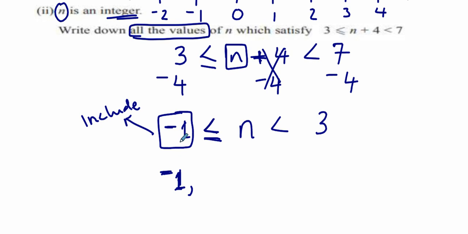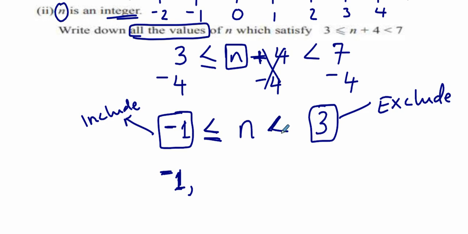So all the numbers between negative 1 and 3, including negative 1, exclude 3. How did I know that we have to exclude positive 3? It's because of this inequality, which is less than. All the numbers you'll be listing should be less than 3, but not equal to 3.